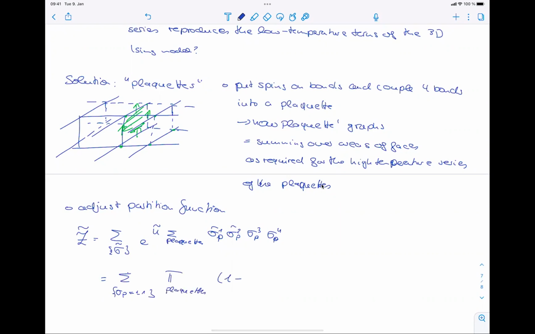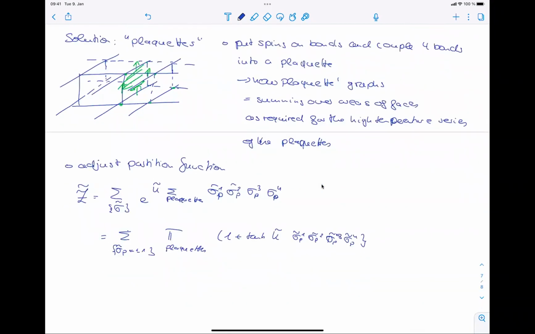And then I have a 1 plus tanh K times sigma tilde p. So I couple 4 of them, and that's how I add this dimension, in a sense.